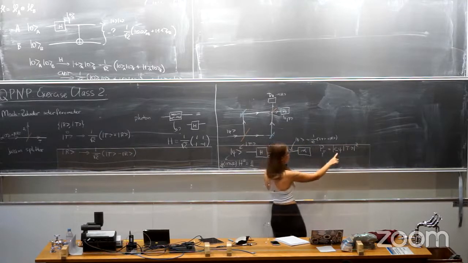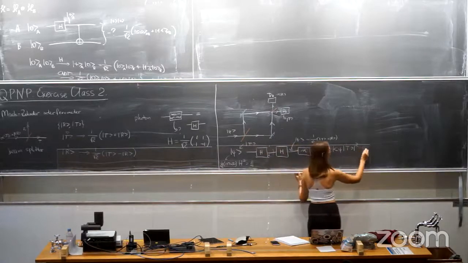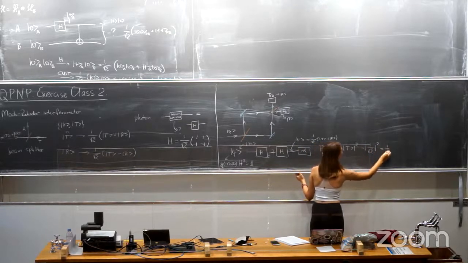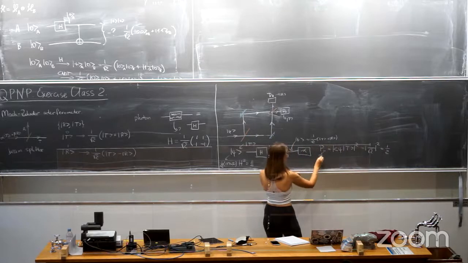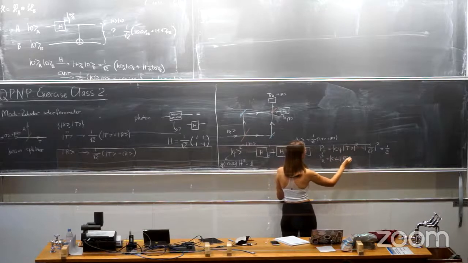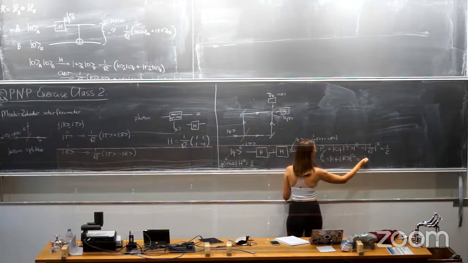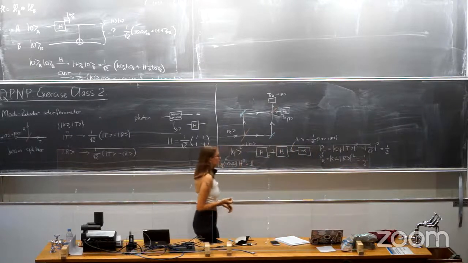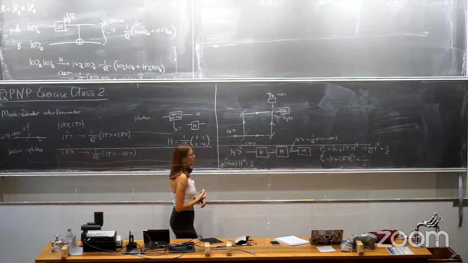And this is 1 over square root of 2, so it's going to be |1/√2| squared, which is 1/2. And the probability of measuring R would be similarly |psi_R| squared, also 1/2. Is this more or less clear?